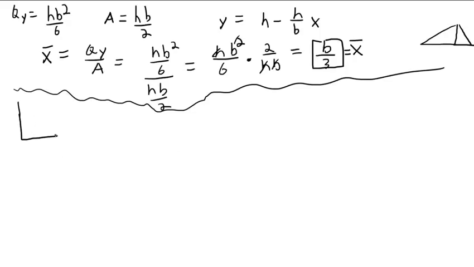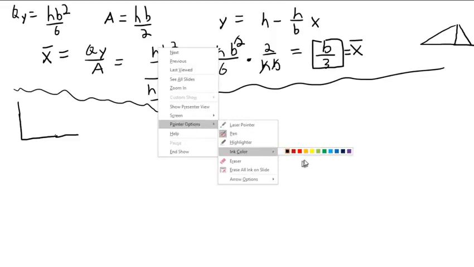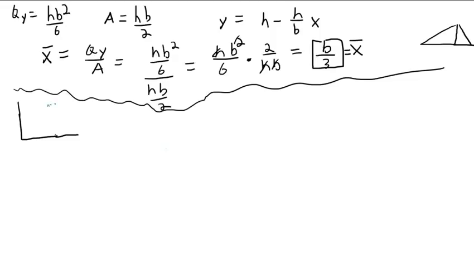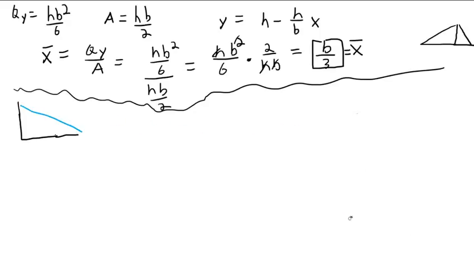Okay, so in order to get the y bar, I'm going to need to do an area integral with a horizontal element of integration. So in order to do that, I'm going to need to rewrite my equation. It was like this. We do have this, and so first we need to solve this for x.